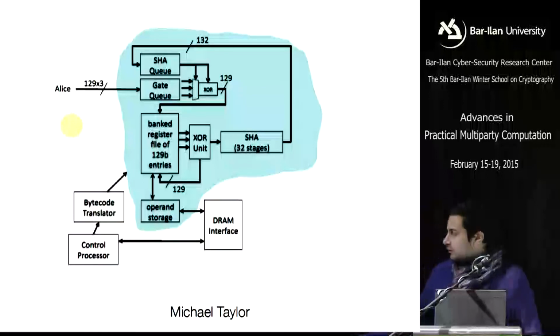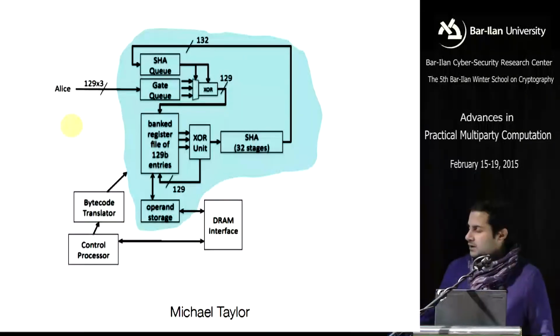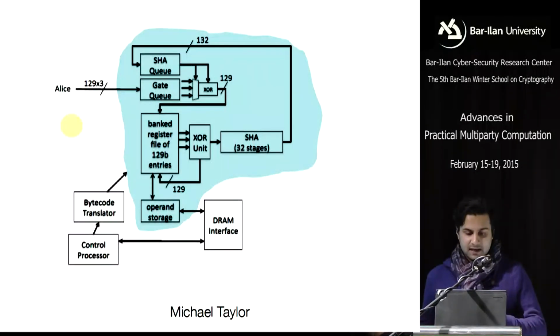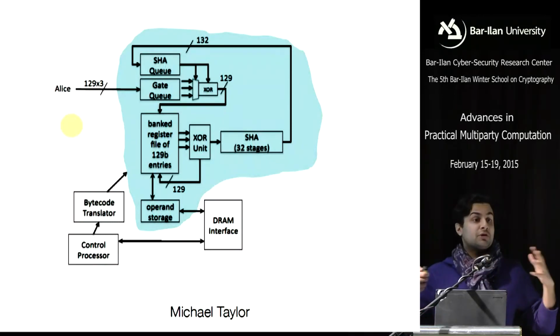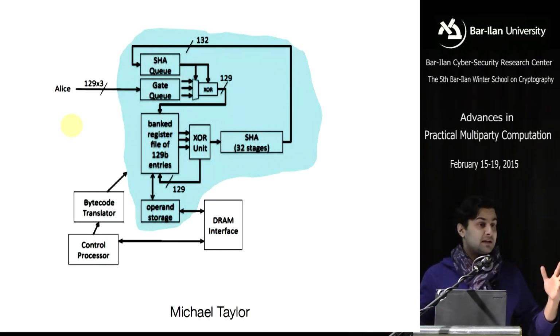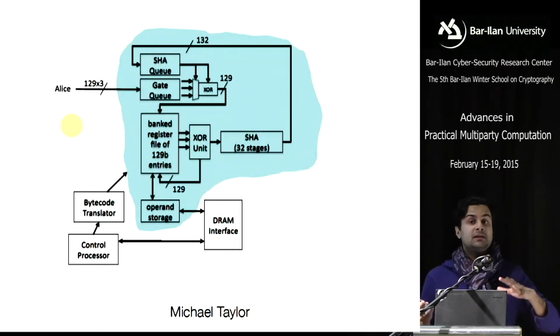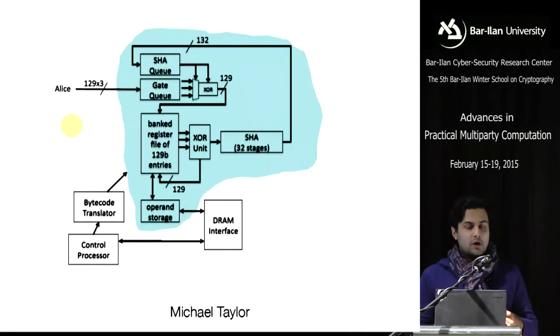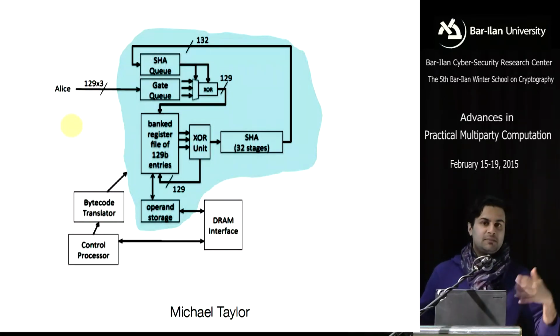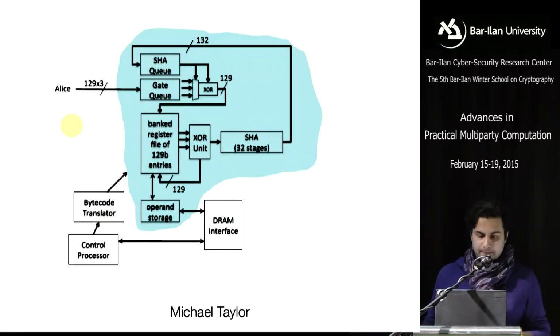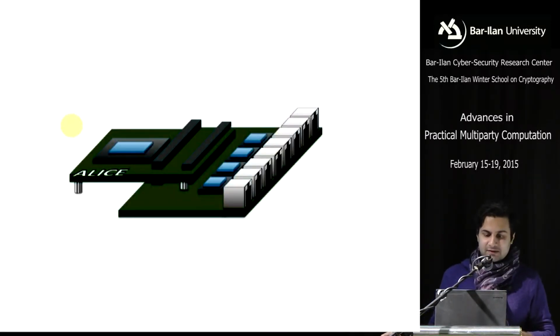With Michael Taylor, who's an architecture person at UCSD, we have come up with this block design for an approach to try to get 1 billion gates per second. All of this speculative work was done before the improvements in garbling that have come, so this can actually maybe be 1.5 billion gates per second. This type of architecture, this is how we would look.